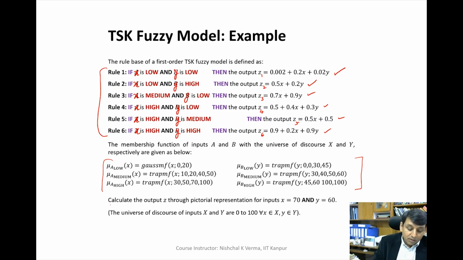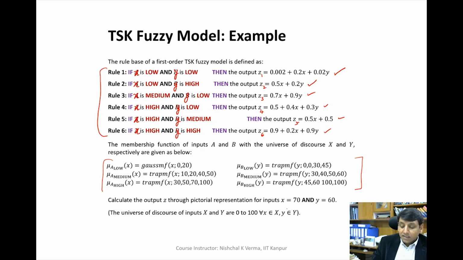Now the task here is to find the corresponding output for the input x equal to 70 and y equal to 60.